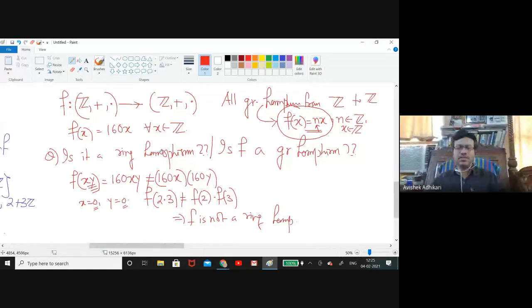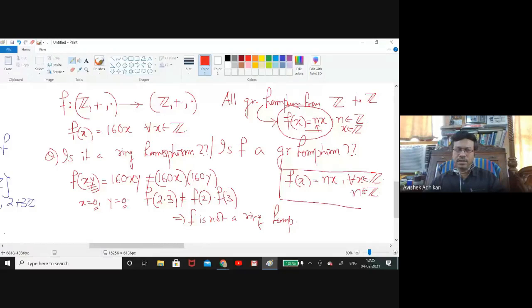That's quite a formal way of writing, and it is very good to know all those things. But if I ask you the question: consider f(x) equal to nx, where x and n belong to Z, then f can never be a ring homomorphism. Is it true or false?